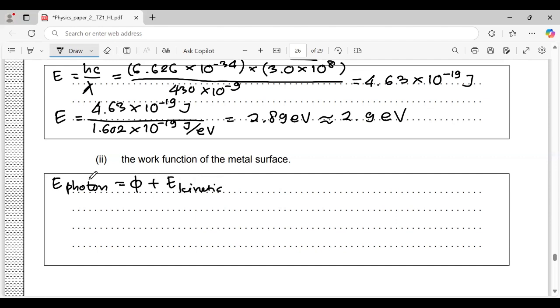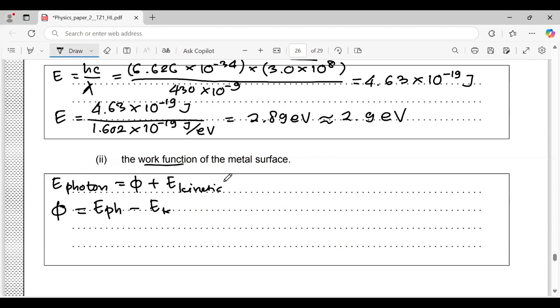E photon is the energy of the incident photon, phi is the work function, and E kinetic is the kinetic energy of the emitted electron. So the question asks for the work function, which means we are going to find phi. Phi equals E photon minus E kinetic.